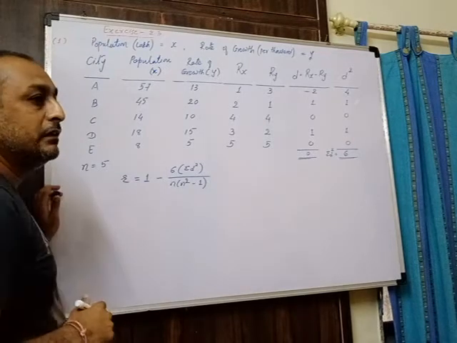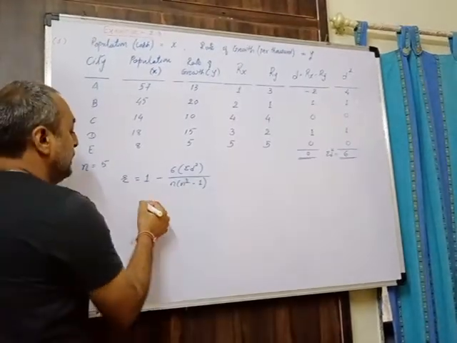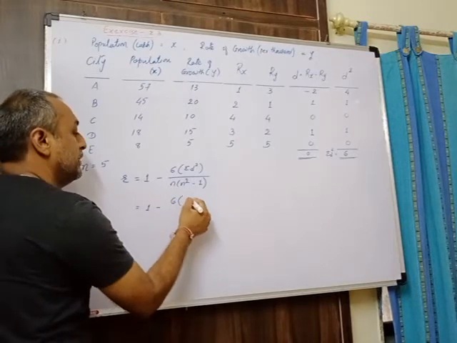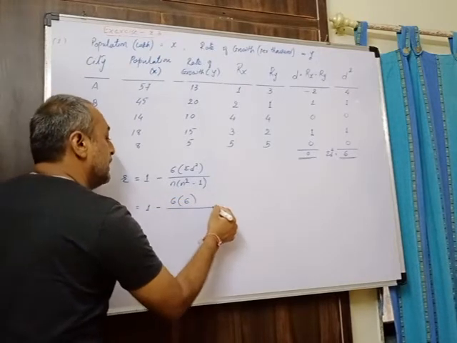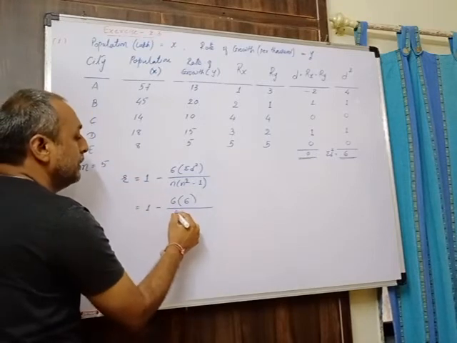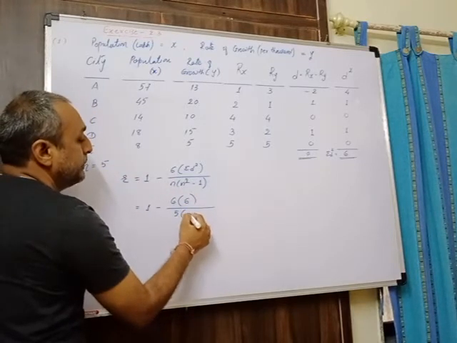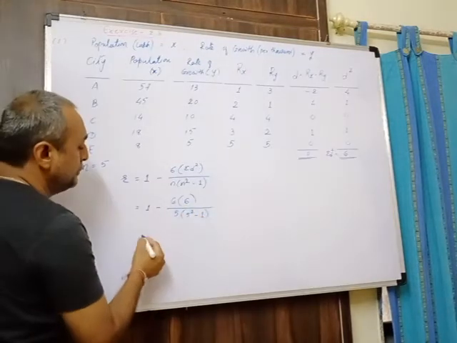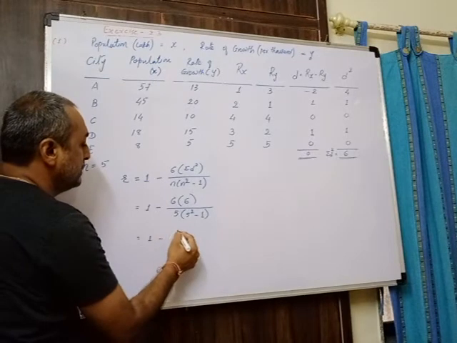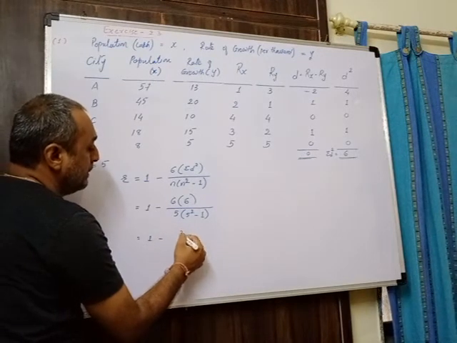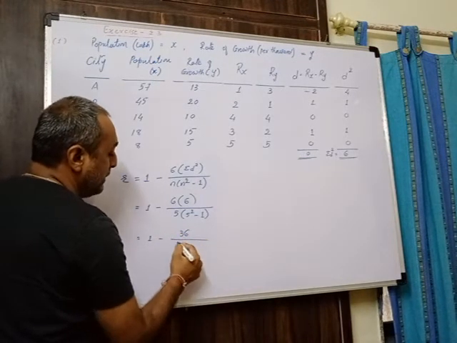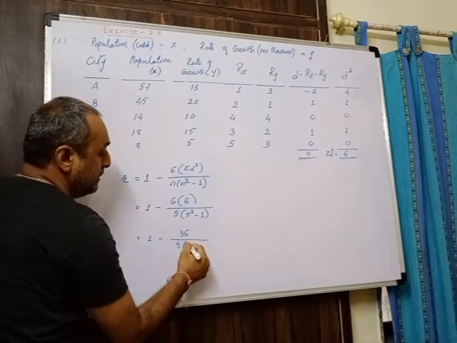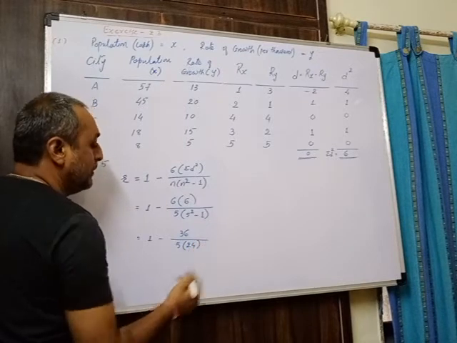Now we will replace the values in our formula. 1 minus 6 into sum of d square, which is also 6, divided by n, which is 5, into n square, 5 square, minus 1. You can directly write 25 also here, no problem. So 1 minus 6 sixes are 36, divided by 5 into 25 minus 1, which is 24.